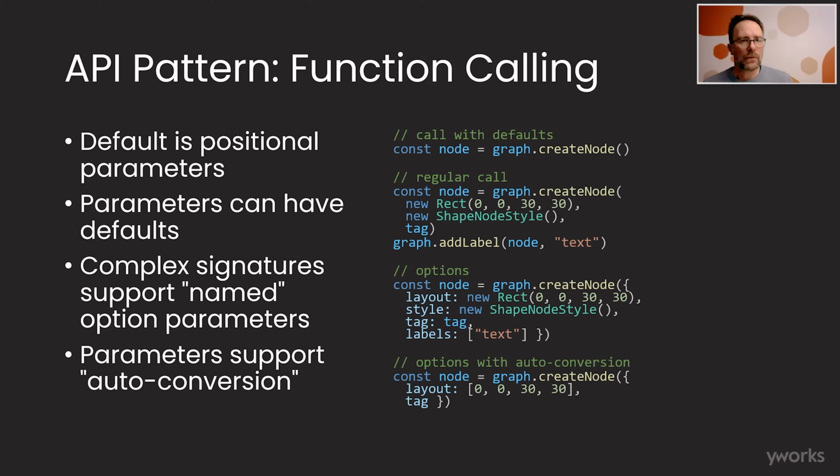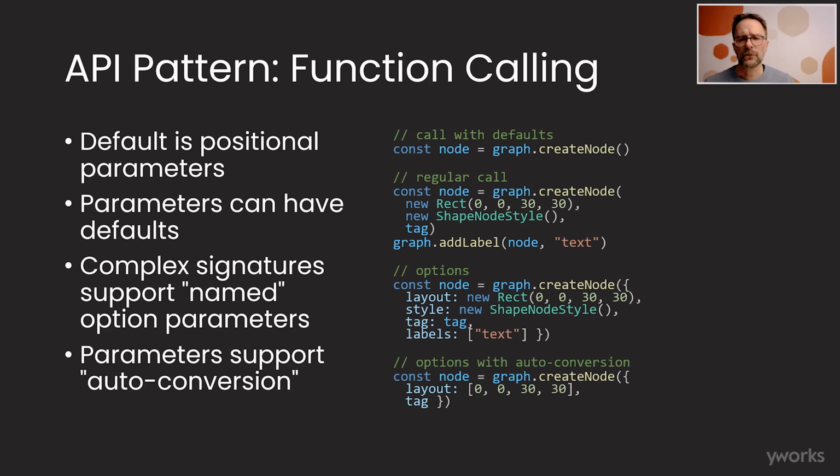But parameters in many cases can have default values, and then you can simply omit them. Like in this case, we have the createNode call, which takes a rectangle, which is the layout, then the style, and then the tag. And you can omit all of these because defaults are supplied for these values.